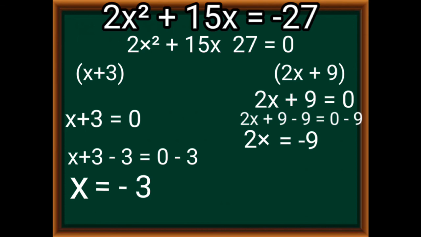So 2x equals negative 9. So divide both sides by 2. 2x over 2 equals negative 9 over 2. Cancel out 2, bring down x equals negative 9 over 2. So the answer is x equals negative 9 over 2.